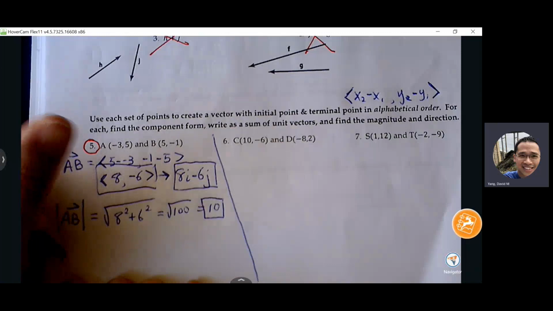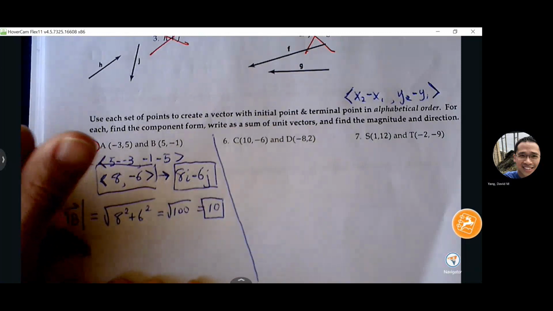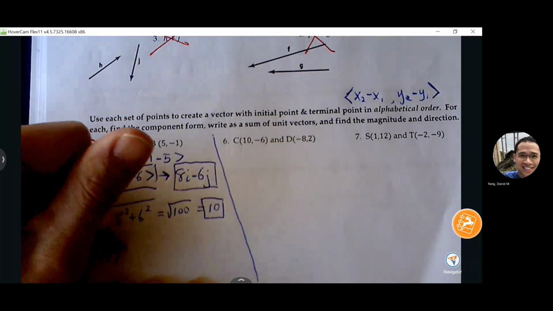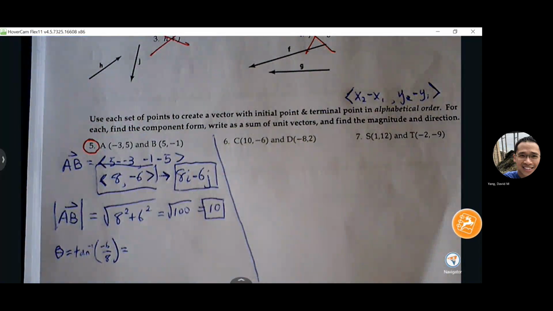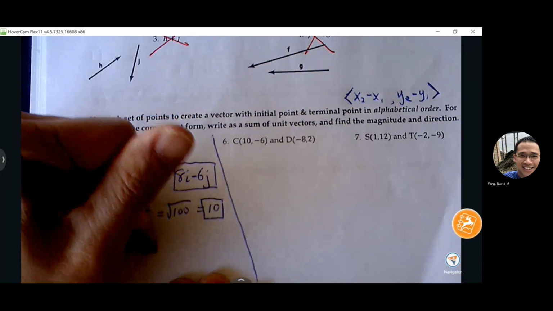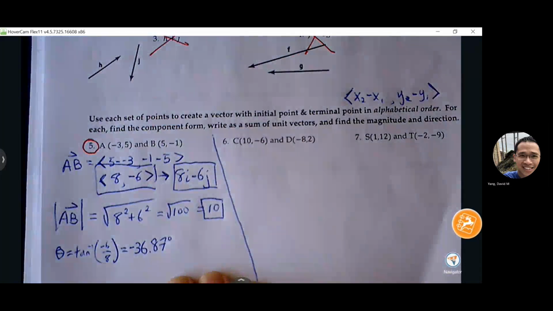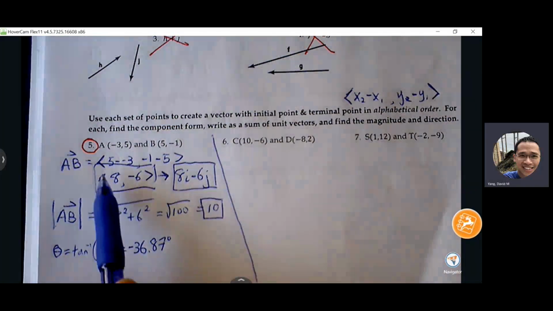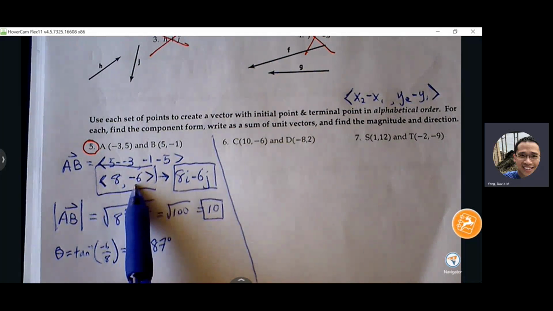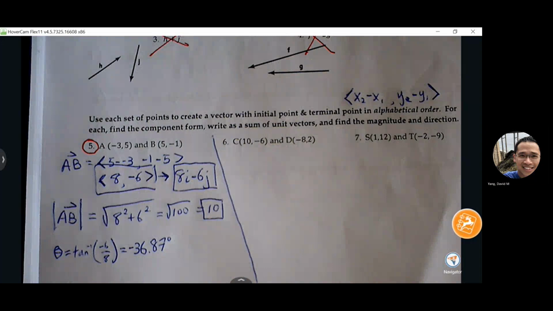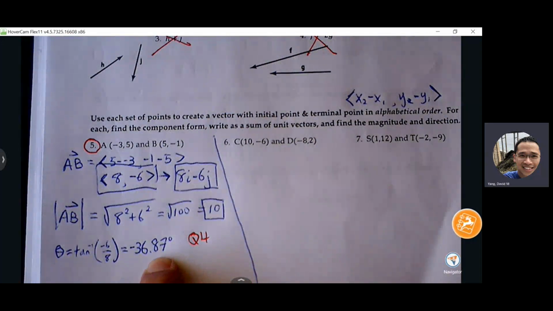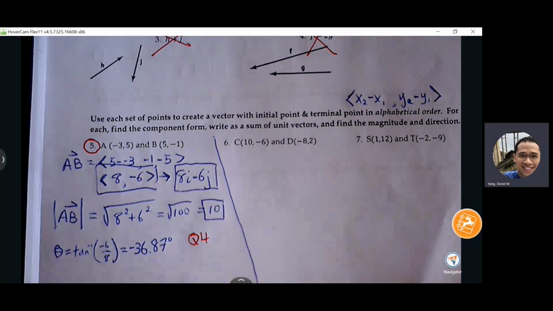Okay, direction, inverse tangent, b over a. Let's focus on the quadrant that this is in. If I go 8 to the right, down 6, which quadrant am I in? Quadrant 4. So how do I make that adjustment with that reference angle? 360, yeah.